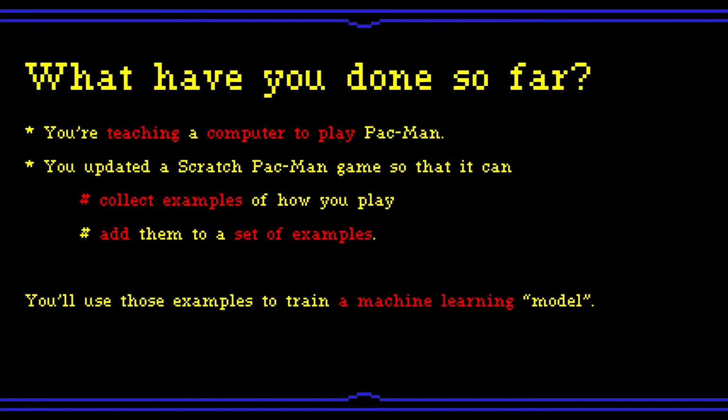So collect and store examples. We're going to use these examples right now to teach our machine learning model, and then after teaching it, we're going to update our Scratch and let our bot or AI play. Let's go.